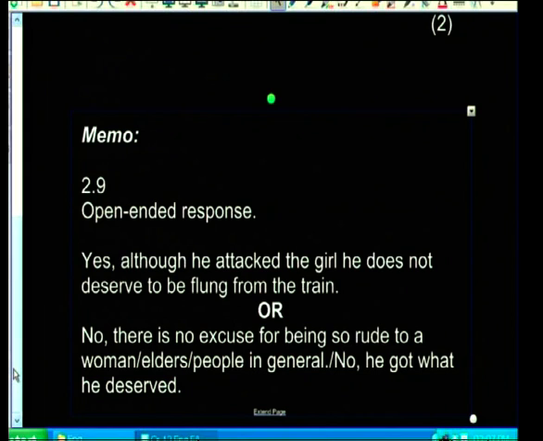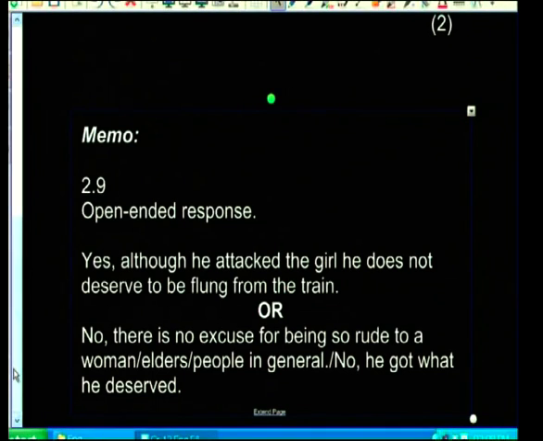If you said, yes, although he attacked the girl, he does not deserve to be flung from the train. The way in which he was flung from the train is also very, very brutal. It showed that this was something that human beings do not like to see or do not like to witness. So if you said yes and you gave a correct response, substantiated well, you would be given your marks for that.